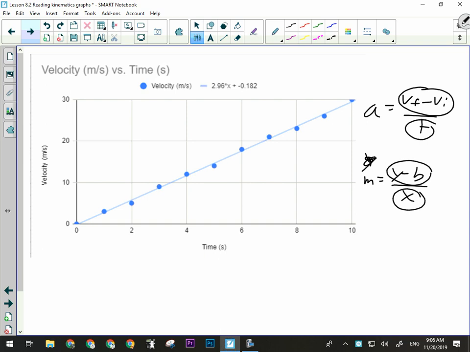Now for this one, I want you to calculate the total displacement of the object.